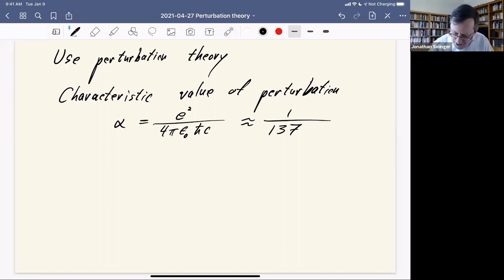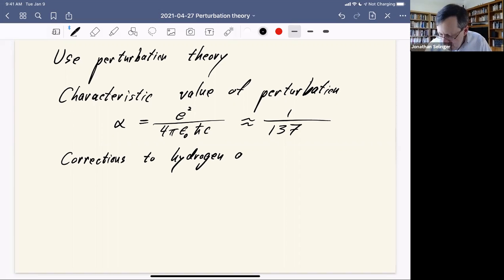This thing gives us corrections to the hydrogen atom energies, and people have studied that a lot.